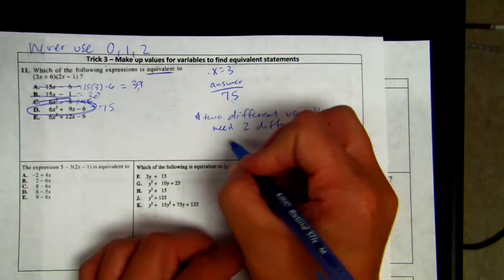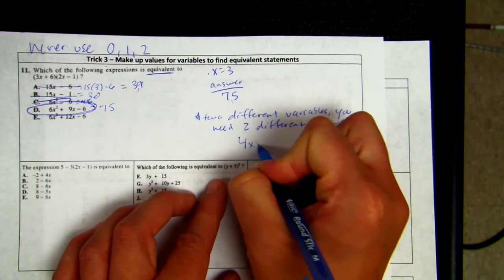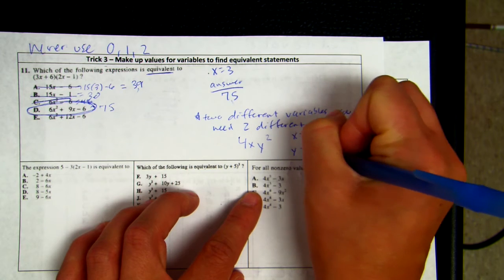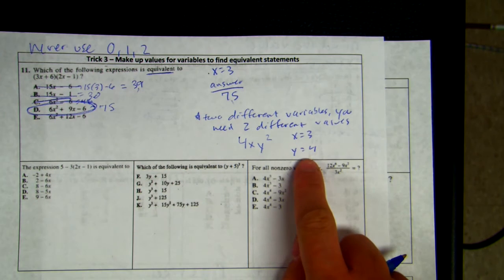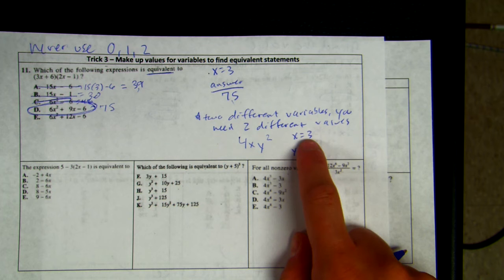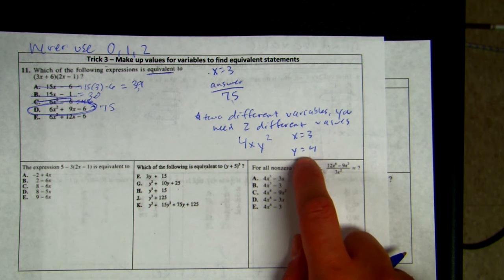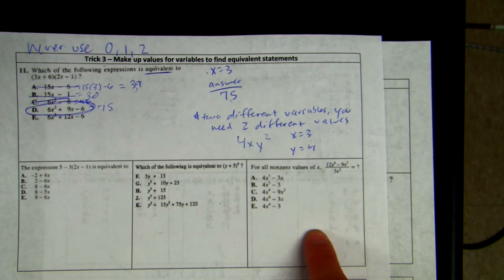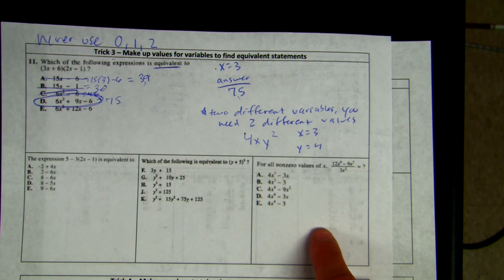Okay, so for example, if I had something like 4xy squared, I could say x is 3 and y is 4, but don't give them the same value. Make sure the x variable has one value, the y variable has a different value. Okay, from here you are going to pause and practice on these 3 questions at the bottom, and then we've got one more calculator trick.